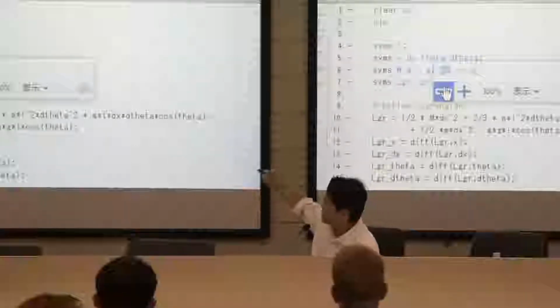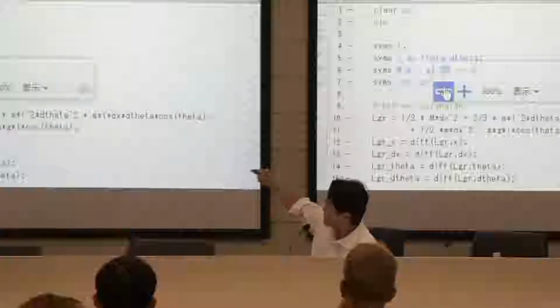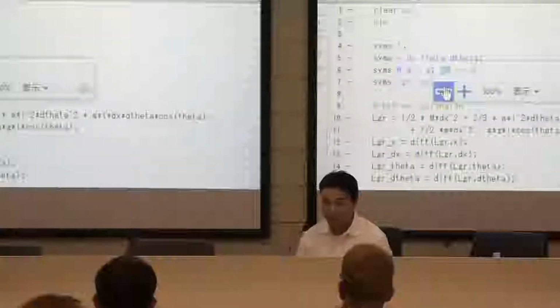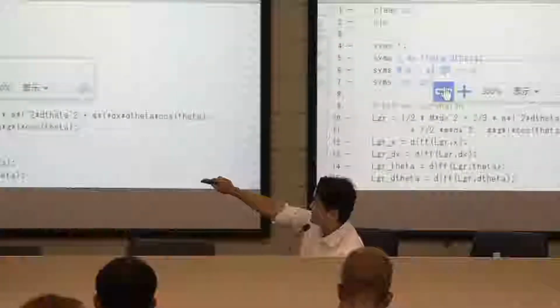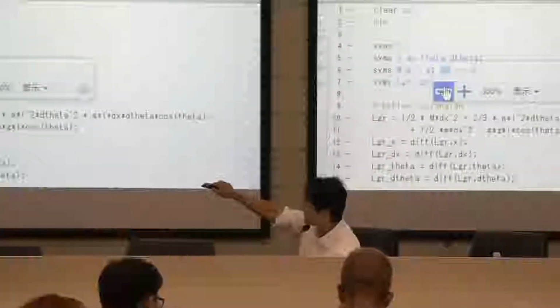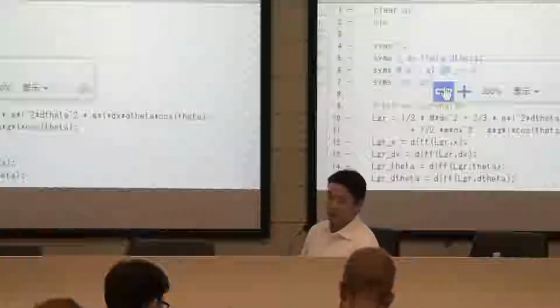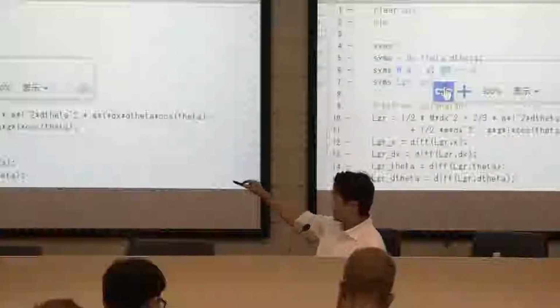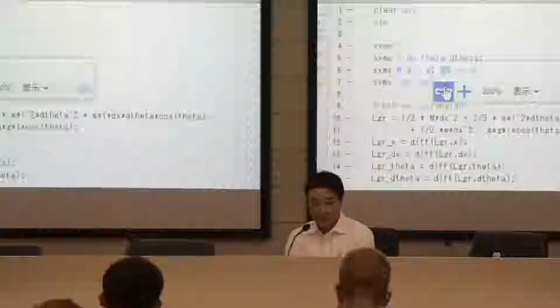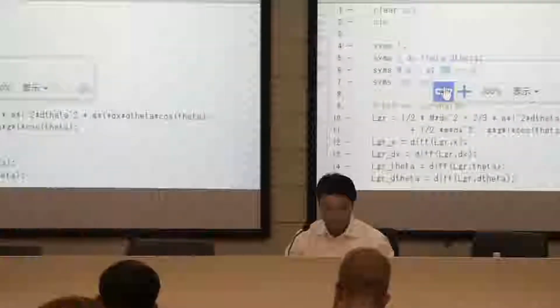But I wrote it here by myself. Okay, we start with this Lagrangian. And as I explained, this Lagrangian has to be differentiated with respect to x, x dot and theta dot. This gets quite complicated because of lots of cosine and sine. So I use the Symbolic Math Toolbox.